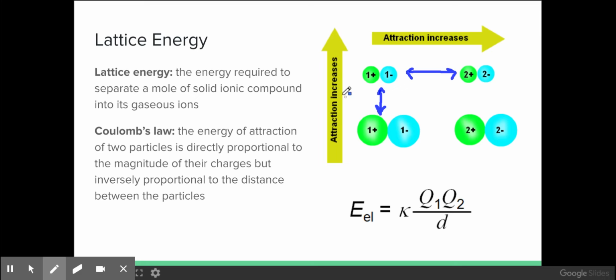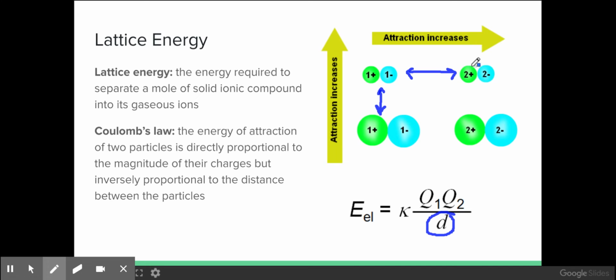So for instance, if I'm comparing ions that have the same charges, positive one, negative one, but then if I have bigger ions, they are going to have greater distance separating them, and therefore their force of attraction is not going to be as strong as smaller ions.